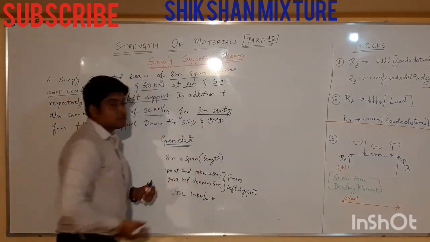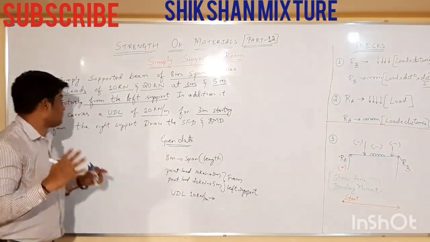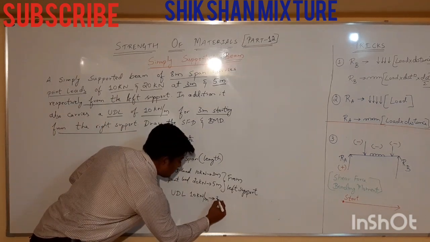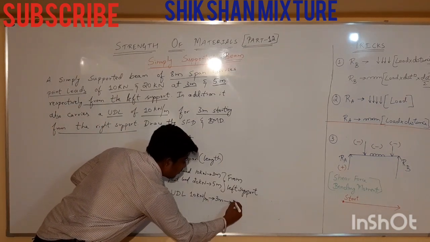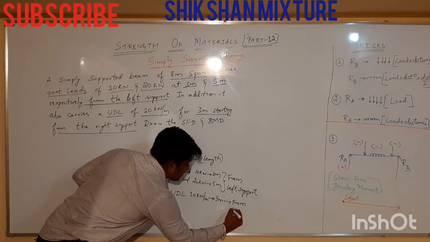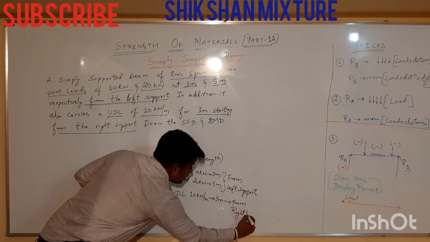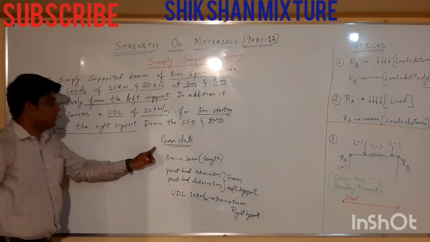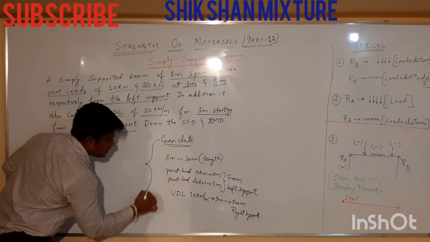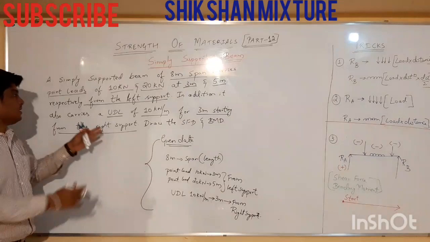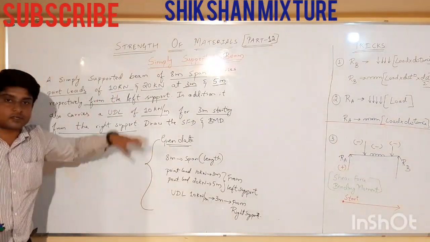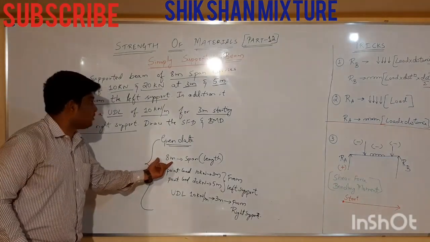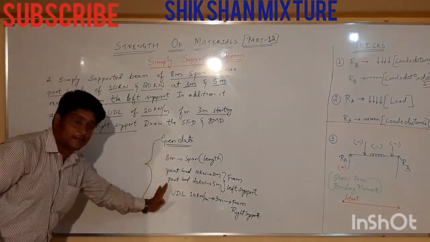For 3 meters, from the right support. These are the given data. You need to write this so that there is no need of reading the question again and again in the examination. So we will draw the diagram according to the given data.